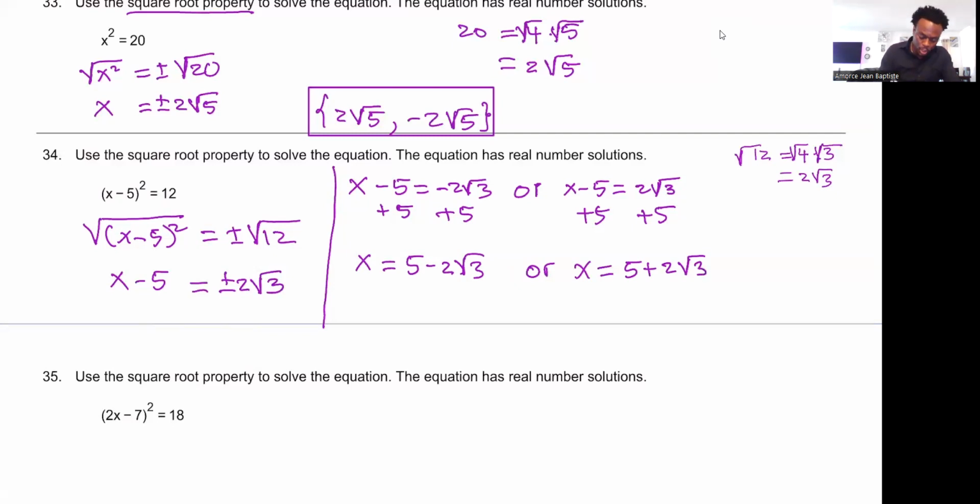And then your solution set is the first one, comma, the second one with the negative sign, with the positive sign. And then that is your solution set here.